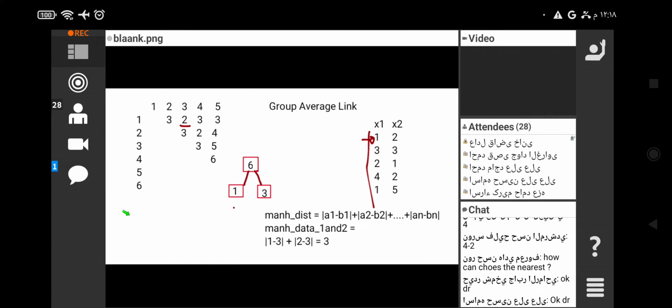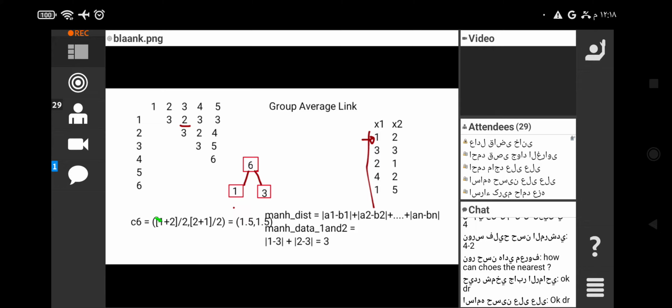Cluster 6 is equal to... so this is cluster 6.